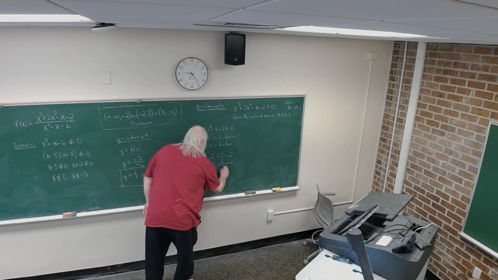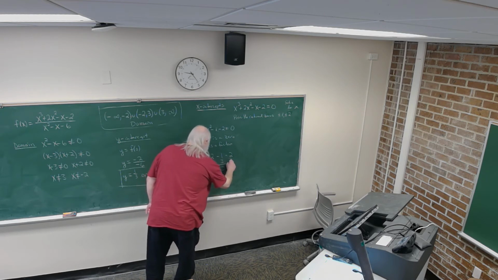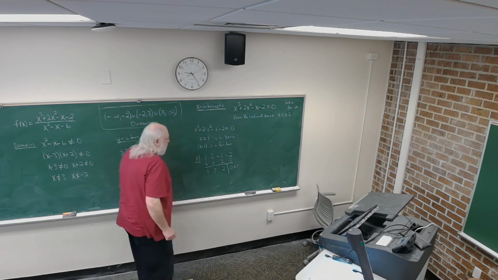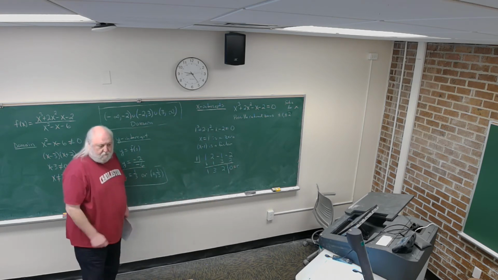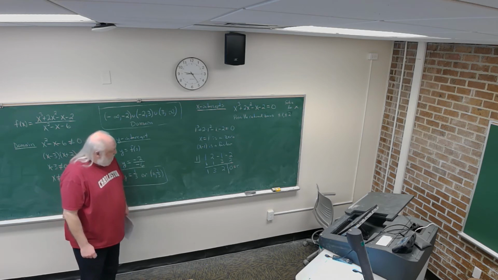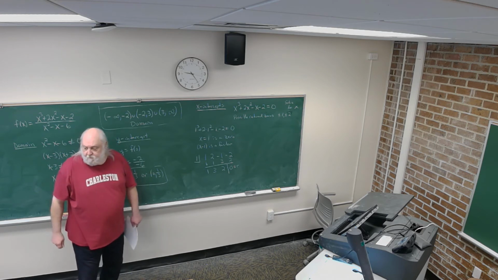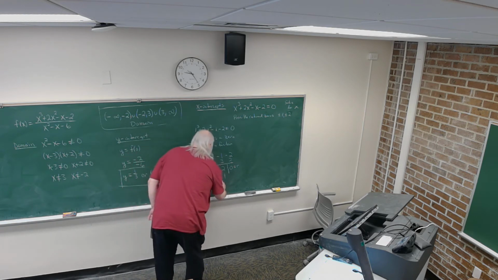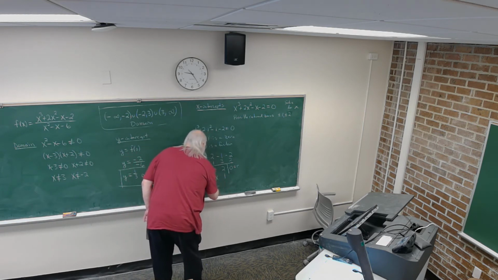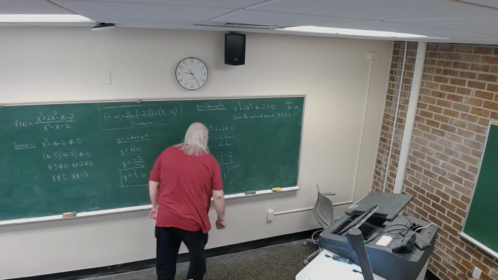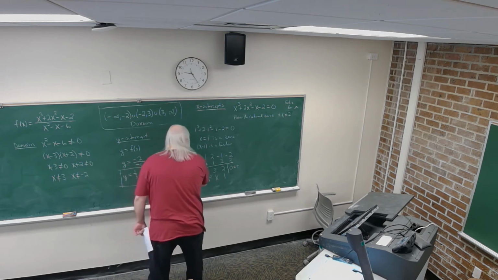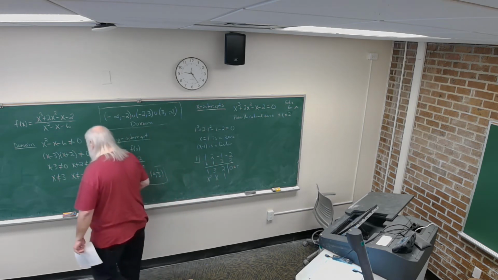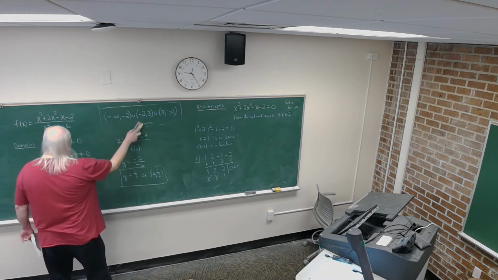Minus 1 plus 3 is 2. 1 times 2 is 2. Minus 2 plus 2 is 0, right? So we have a remainder of 0. If you don't have a remainder of 0, something's amiss. So the 2 goes with 1, the 3 goes with x, and the 1 goes with x squared. Okay. So I have to erase this.